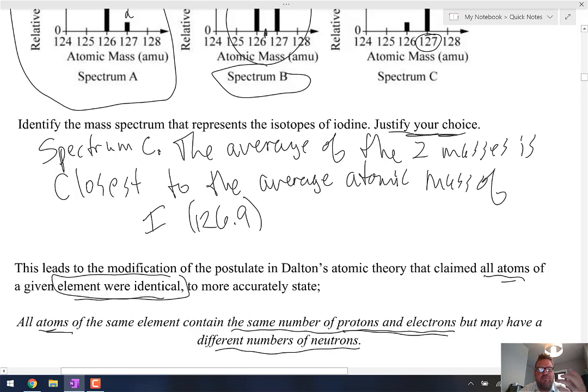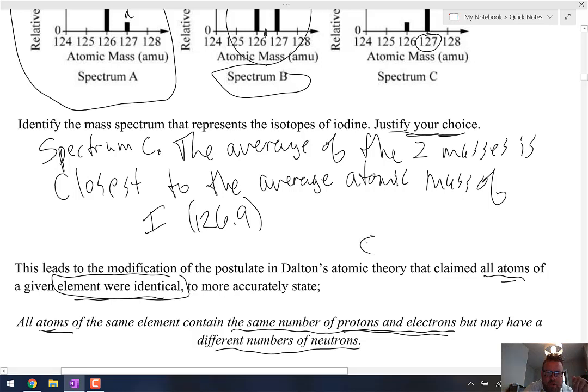Almost every element has different isotopes. Even hydrogen has three different isotopes. There's the normal hydrogen that has no neutrons, but then there's one that has one neutron, and one that has two neutrons.